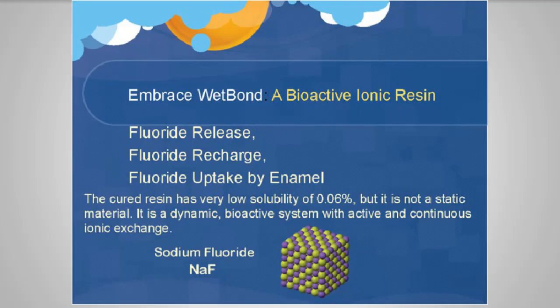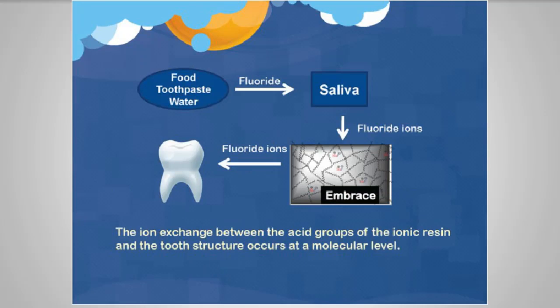It's not a static material. This is dynamic. It's bioactive with an active and continuous ionic exchange. That's really remarkable. So as you can see in this overall schematic, our toothpaste, food, and water, along with the fluoride in our toothpaste, mix with the saliva and basically get into the Embrace material, release ions, and protect the tooth structure.